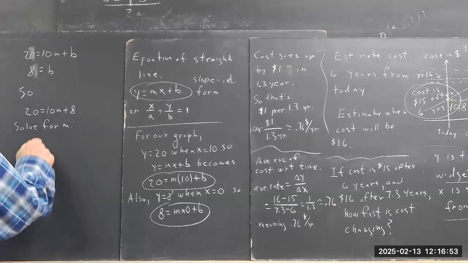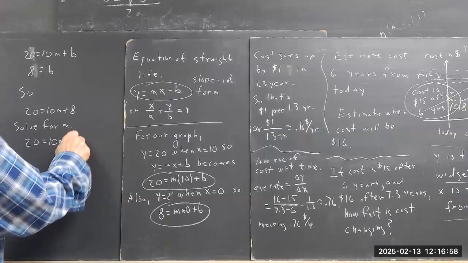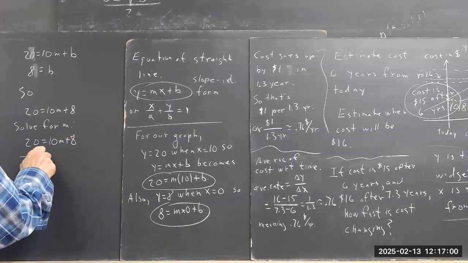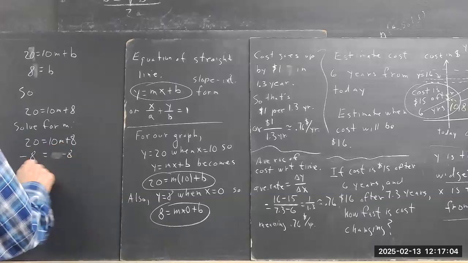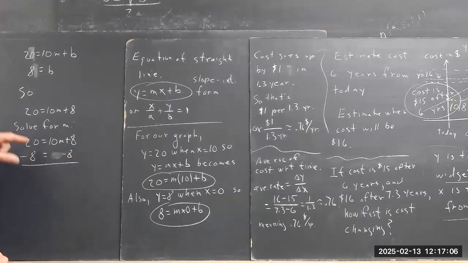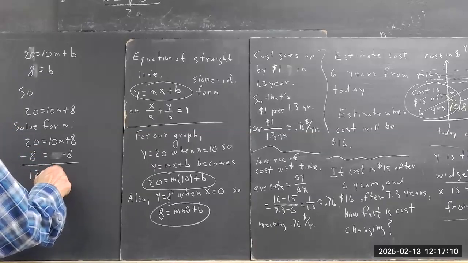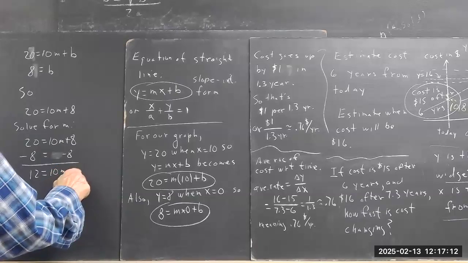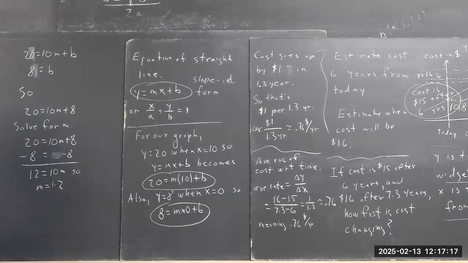Solve for m. Well, we have 20 equals 10m plus 8. We'll do the thing you like to do. Subtract 8, negative 8 equals negative 8. This equation, or add this equation to this, we get 12 equals 10m. So m equals 1.2. Make sense?